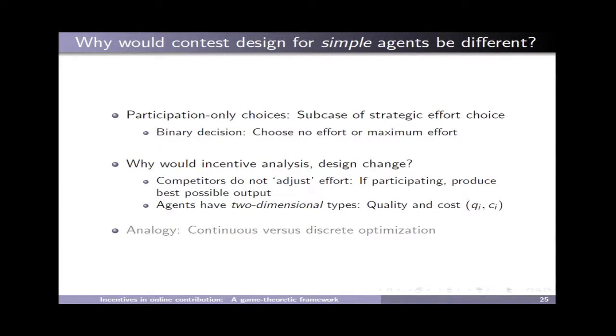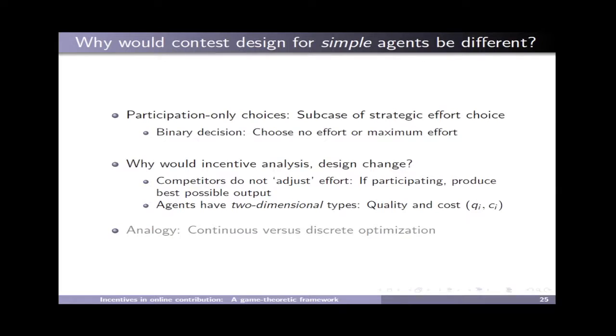So these are really the 2 reasons. One is that you don't adjust your effort continuously in response to what others are doing. You have to go either all in or all out, and that introduces a kind of discontinuity. And the other is that 2-dimensional mechanism design in general is very much more complicated than mechanism design when agents have just one-dimensional types. And I just want to draw an analogy here between continuous versus discrete optimization.